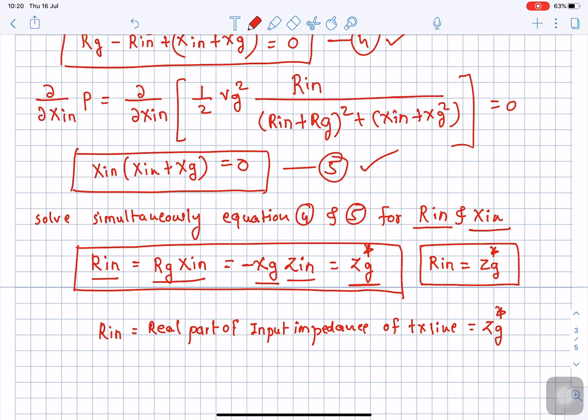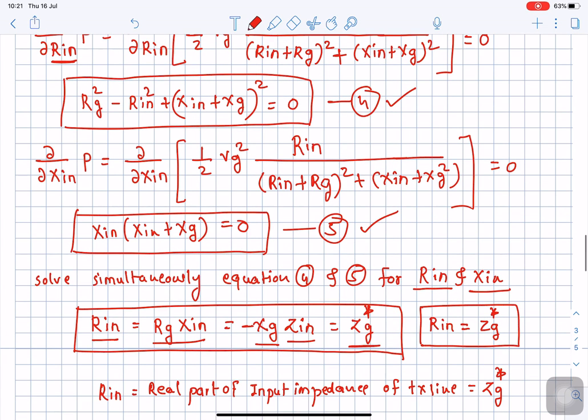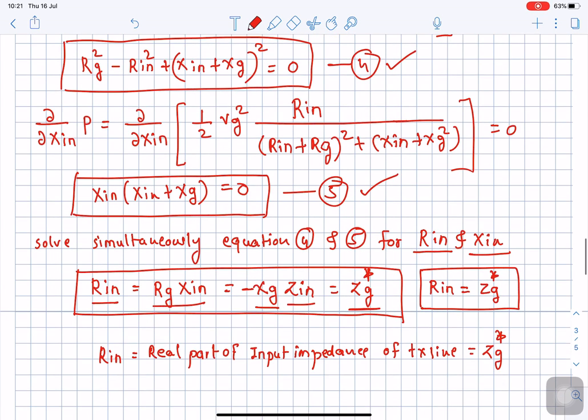That's why this particular simultaneous matching condition is sometimes also called complex conjugate matching. Please remember, if you solve equation number 4 and equation number 5 simultaneously, you will get this condition where the input impedance of the network is equal to the complex conjugate of the generator impedance, where R in stands for the real part of the input impedance of the transmission line.